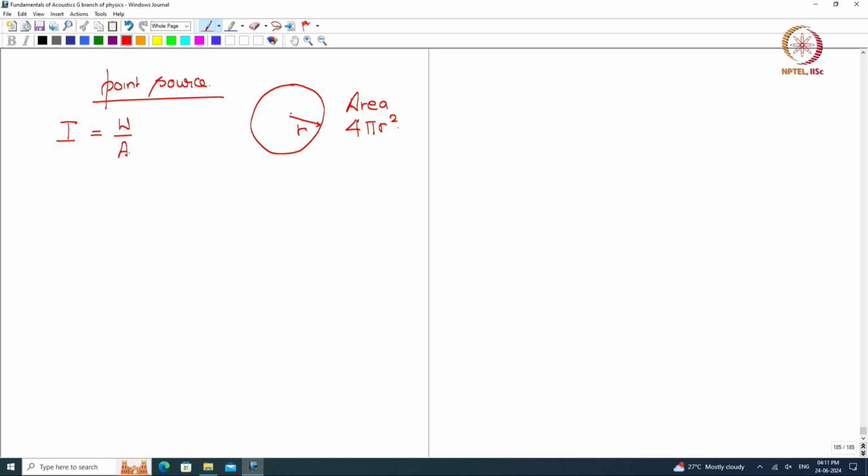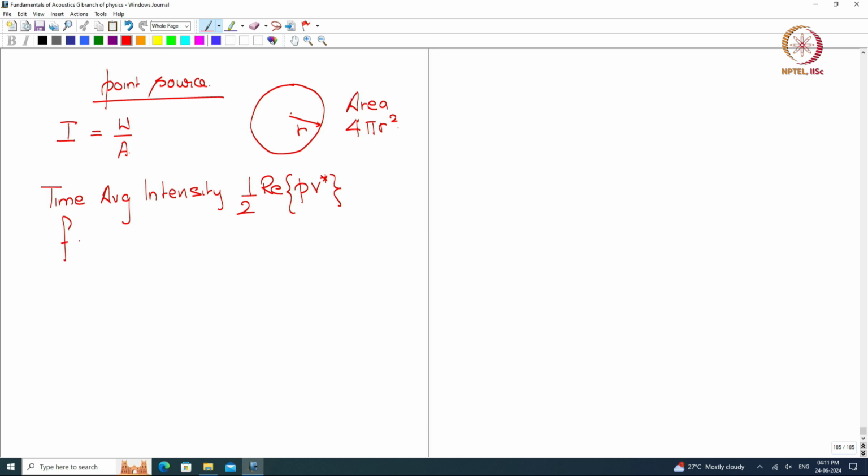Now the RMS intensity, or first of all the time averaged intensity, is 1/2 the real part of P V conjugate. This is the intensity.